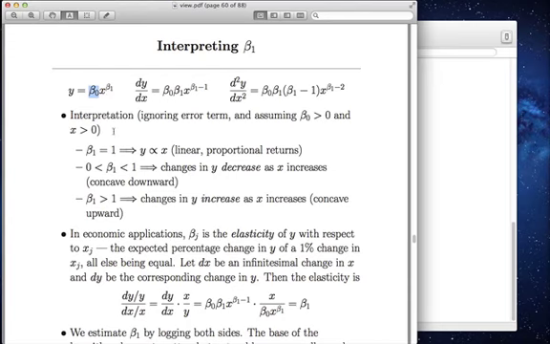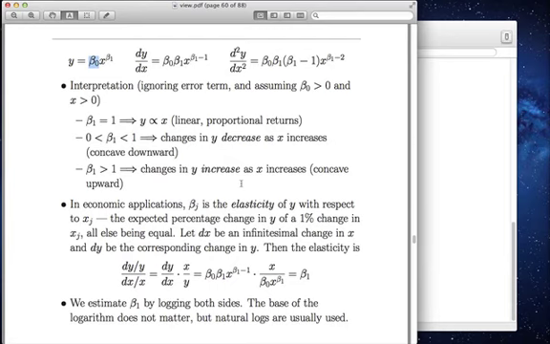However, when beta 1 is not equal to 1, we're going to get one of two shapes. If beta 1 is between 0 and 1, then the change in y will decrease as x gets bigger, so you get diminishing returns. If beta 1 is greater than 1, then you get increasing returns.